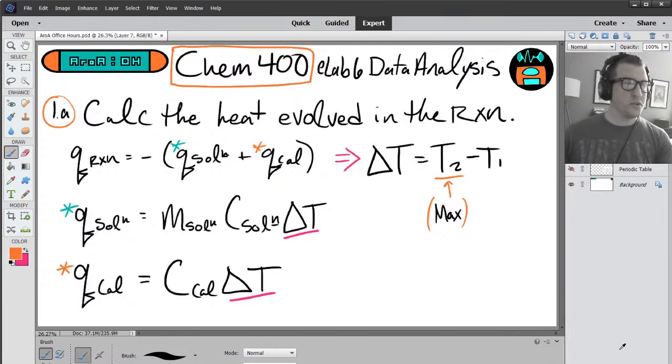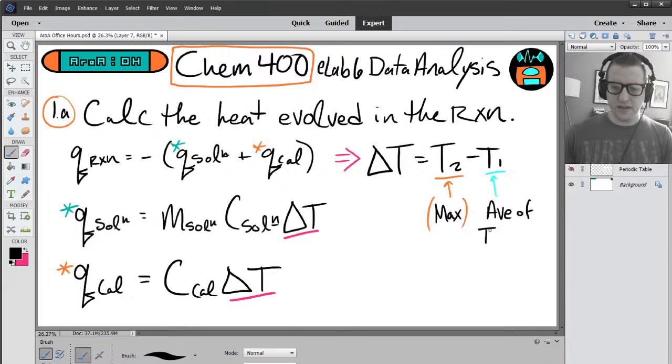But T1, you'll notice there's two different T1s. There's the temperature of the sodium hydroxide solution, and there's the temperature of the HCl. So which one do you use? The answer is you use the average.